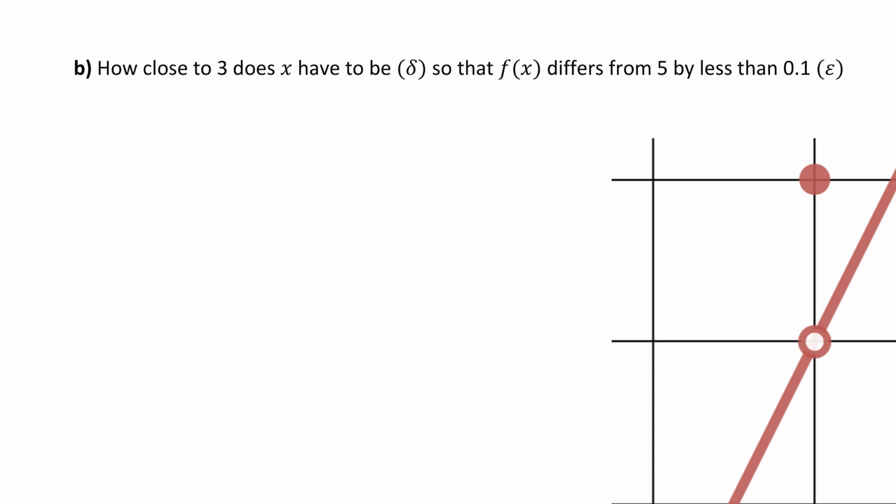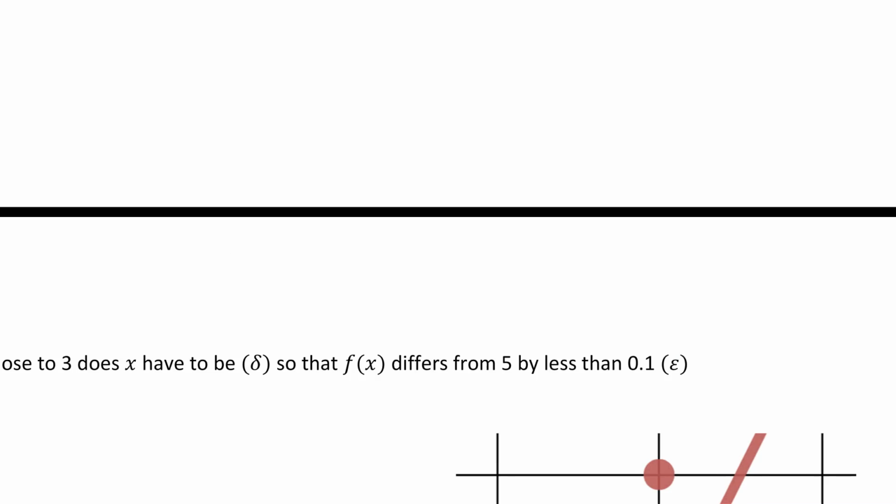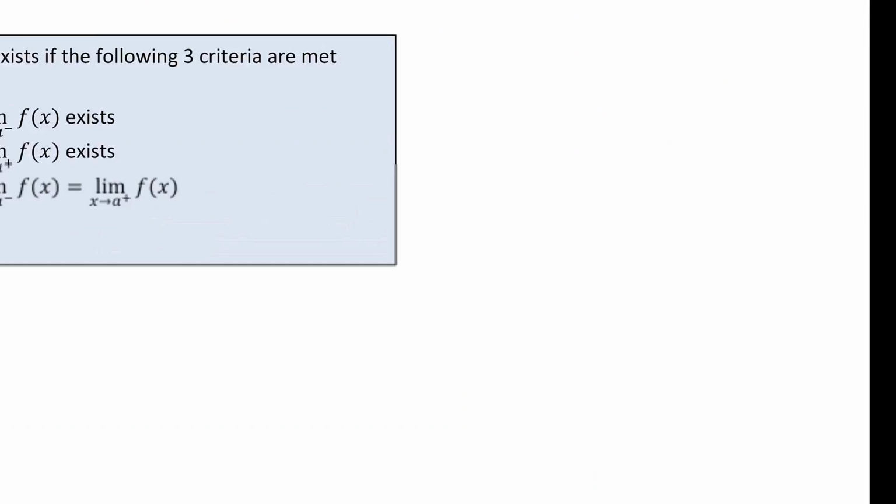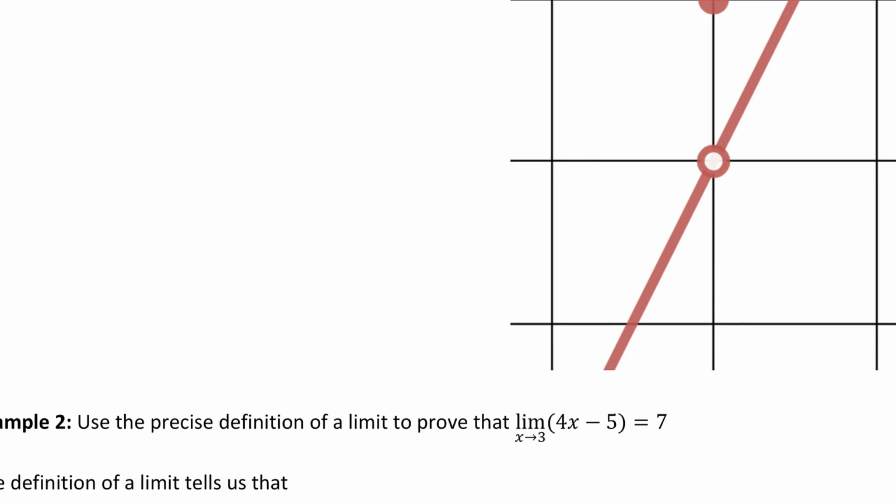It says, how close to 3 does x have to be so that f of x differs from 5 by less than 0.1? So basically, I've zoomed in really closely on this part of the graph right here. Because at that point in the graph, we know that at this discontinuity here, the x value is 3.